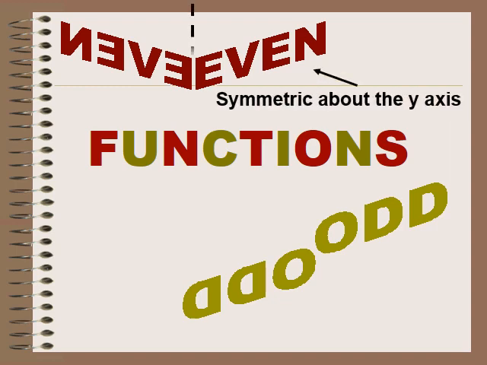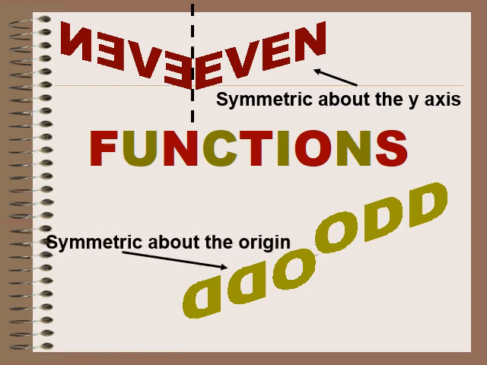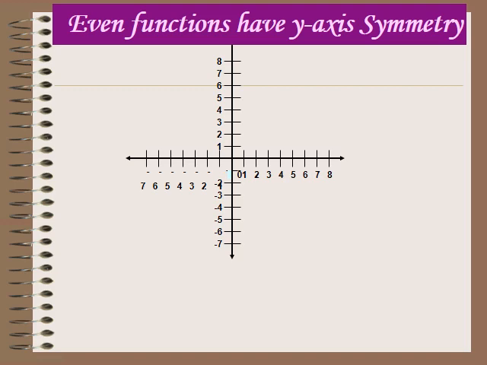If the function is symmetric with respect to the y-axis, then it is even. If the function is symmetric with respect to the origin, then it is odd. An even function has y-axis symmetry.